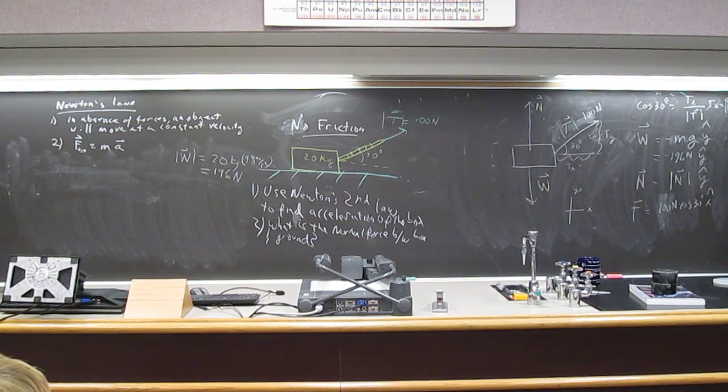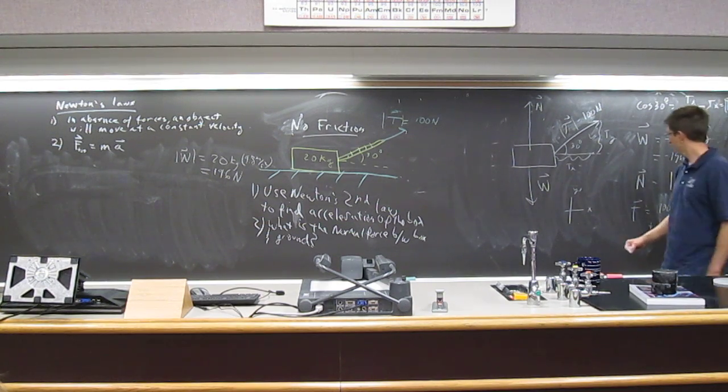Plus 100 newtons sine of 30 degrees y hat. You guys follow? All right. Cosine of 30 is square root of 3 over 2, which is like 0.86 something. Sine of 30 is 1/2.